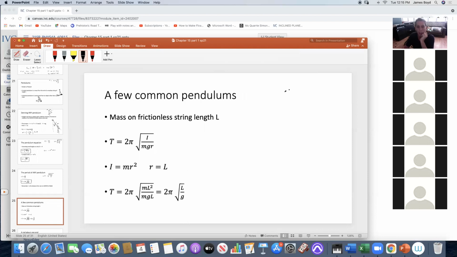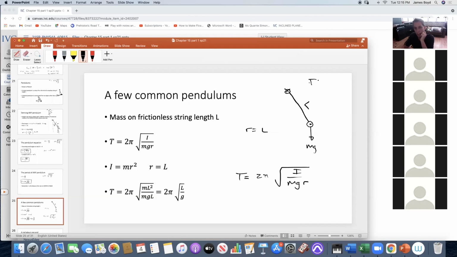So simple pendulum. The mass is at a distance L, mg. The center of mass of the point mass is at L, right? So little r is L. And what we get is the period is 2 pi square root of I over mgr.